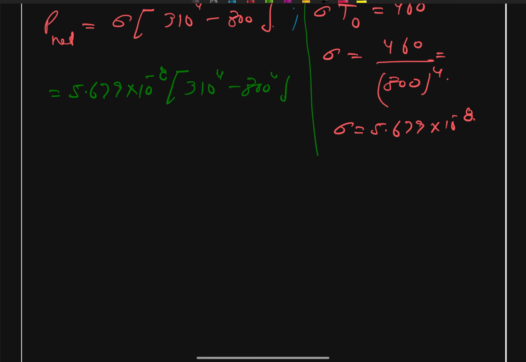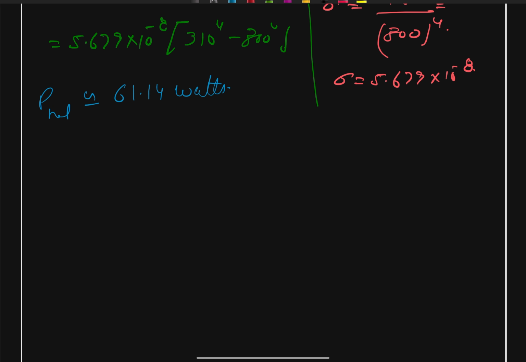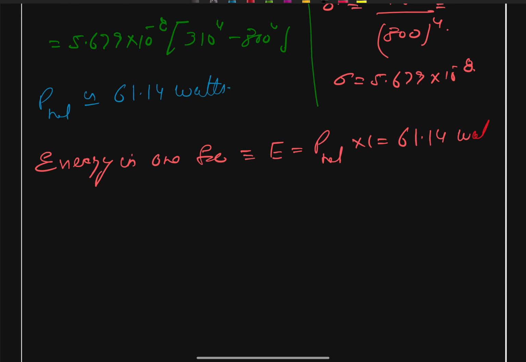So we get this P net will be approximately equal to 61.14 watts, and energy in 1 second will be E equal to P net multiplied by 1, which gives us 61.14 joules, and approximately we can say it is 60 joules, not watts.